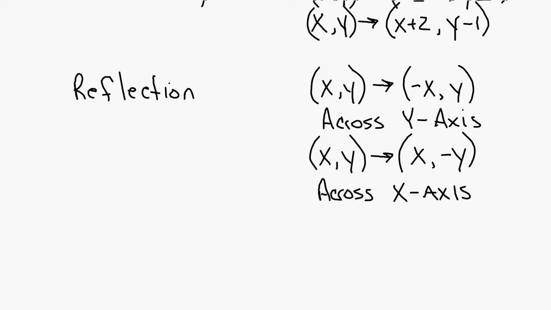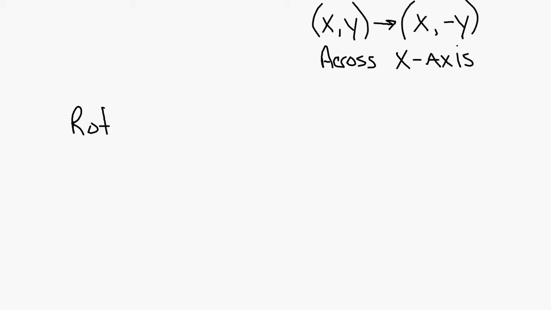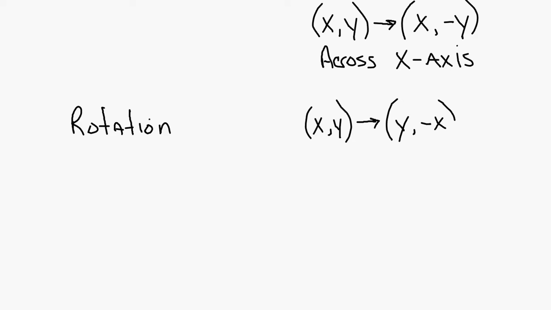Rotations. When each xy value is transformed and you look at this rule, for each xy you're going to transform it, so the new x value is going to be the existing y value, and the new y value will be the opposite of the original x.